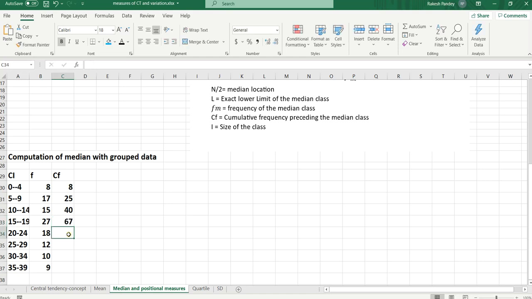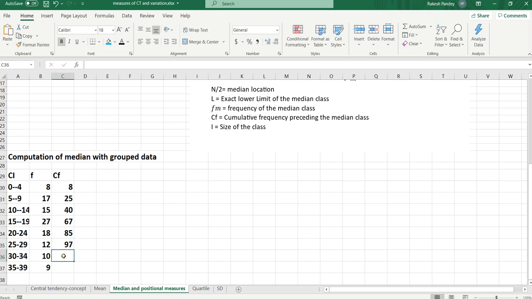Then 67 plus 18 will be 85. And then this will be 97. How 97? 85 plus 12, 97.